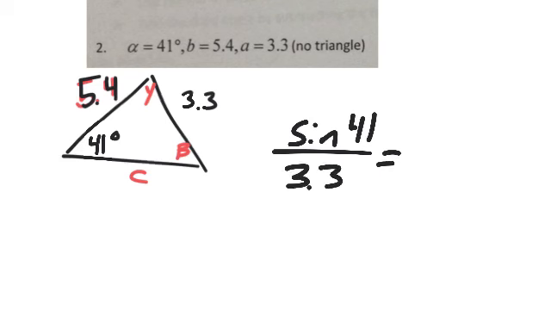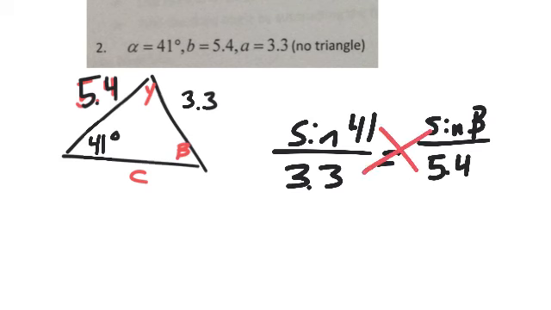Now, before we got to choose either side we wanted to. Now we can't. We can't choose side C and angle gamma because we know neither one of those. So that would give us two unknowns. So we have to use angle beta and side B because that's only one unknown. So when I set that up, that's going to be sine of the angle beta over B, which is 5.4.